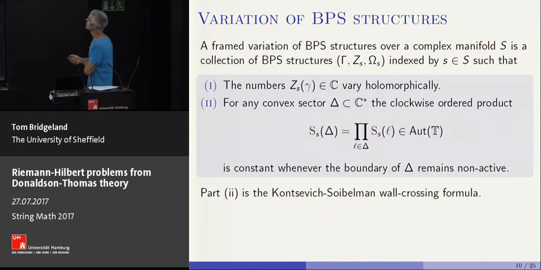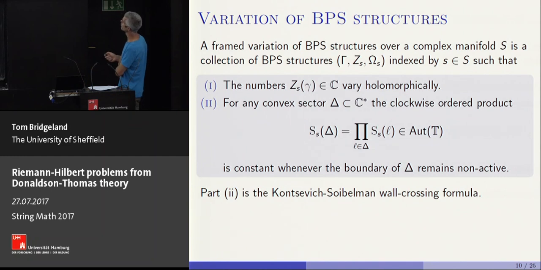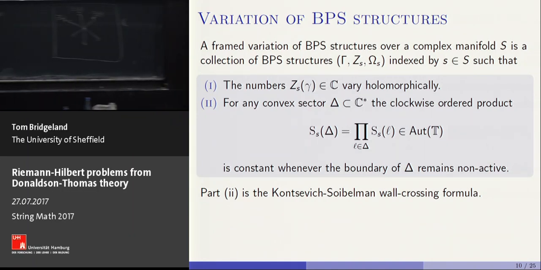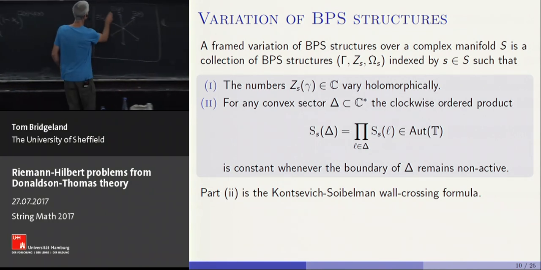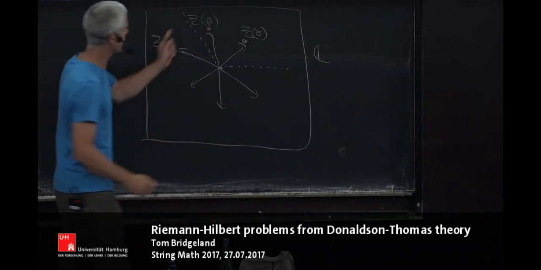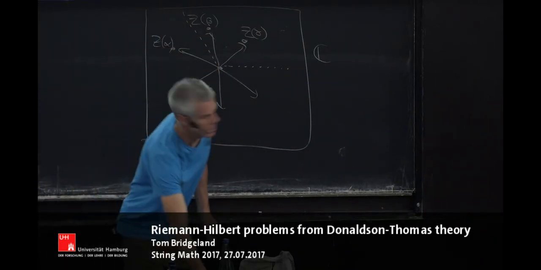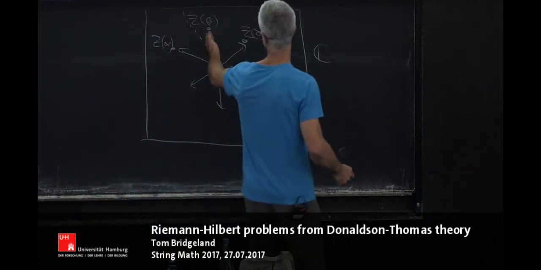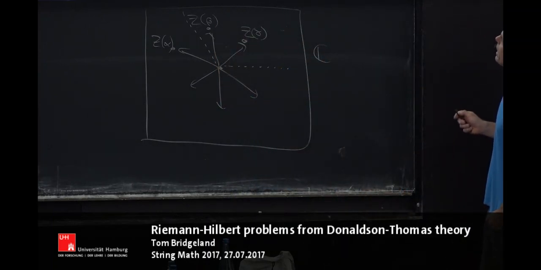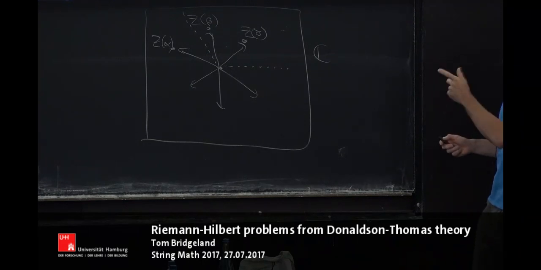And this is the condition. It's the wall crossing formula. So what it states is that if you take any convex sector in here, and you take the product of these automorphisms of the torus over all the rays occurring in this sector, then that should be constant as we vary the BPS structure.